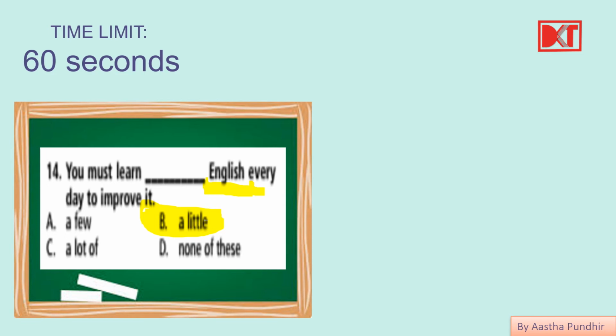So here we're talking about a little English, and few we use for countable nouns like we did with houses. All these again are quantifiers. Also, this question gives you a lesson on what you should do: you must learn English every day to improve it. There's a hidden hint in here about what you should really be doing.